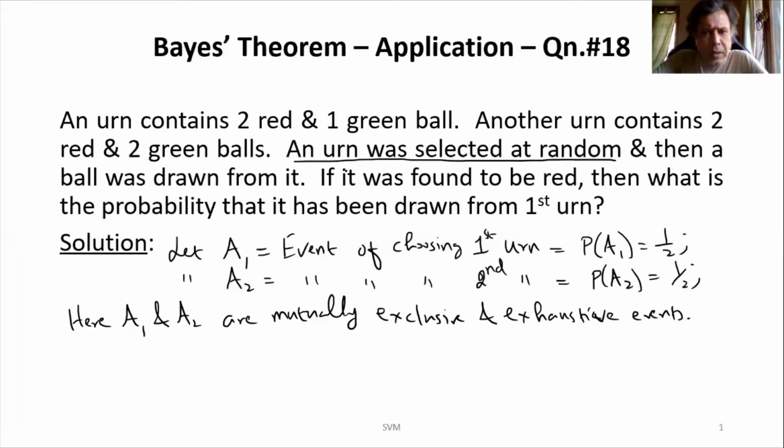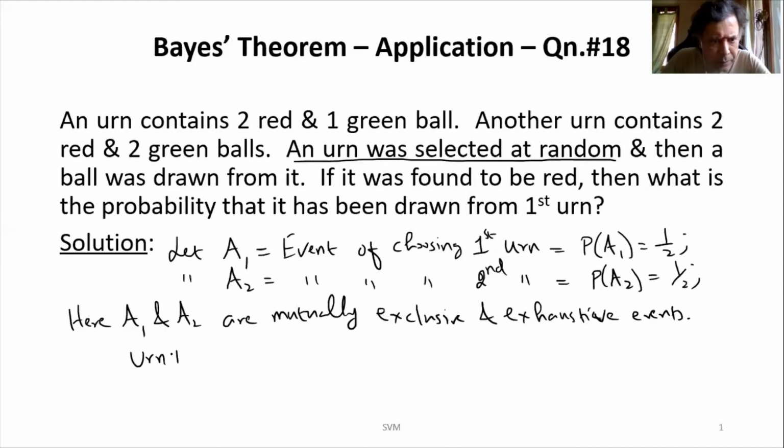Now, the question is about drawing a red ball. Means the favorable outcome is to get a red ball out of these two colors, red and green. You are interested in drawing a red color only. So it says that this first urn, let me write that also.